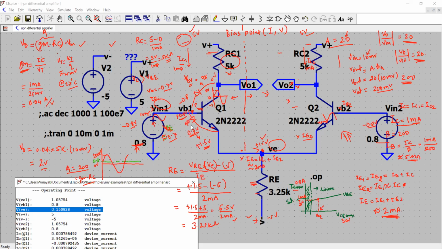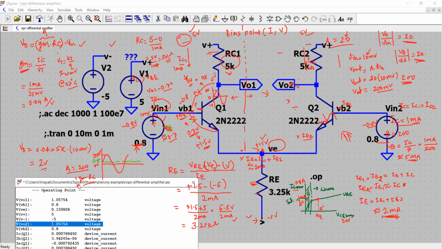That is possible by taking the subtraction, by analyzing the voltage difference between base and emitter pins. So base is at 0.8 minus VE, which is 0.15. So it is about 0.7 something. That shows it is forward biased because the difference is greater than 0.7 volt.